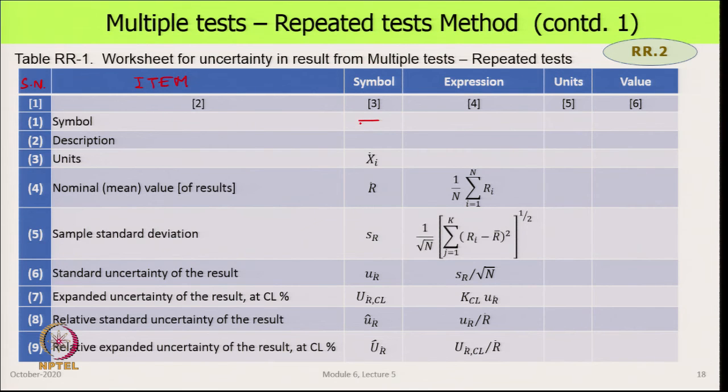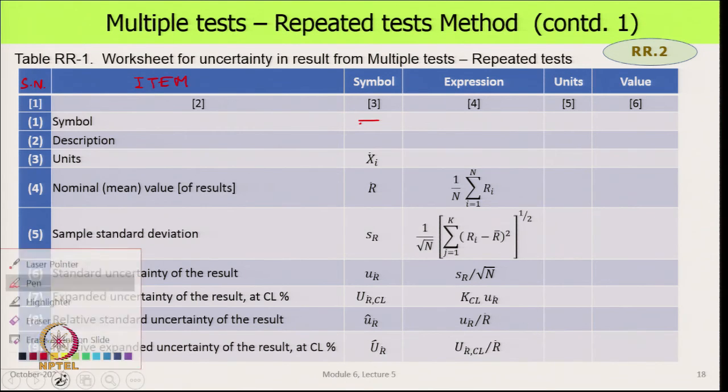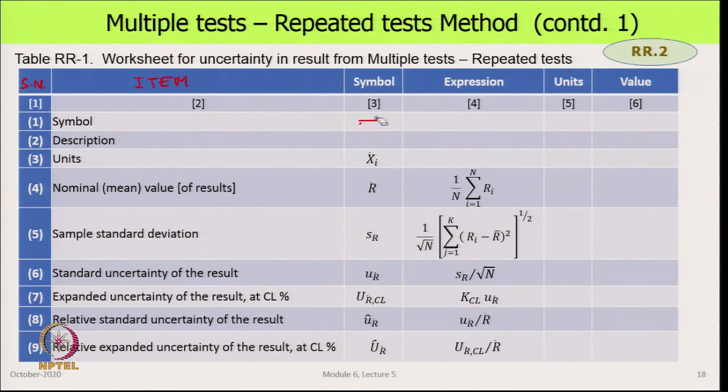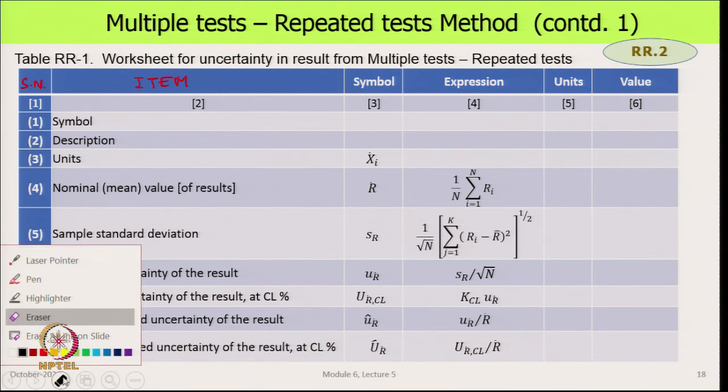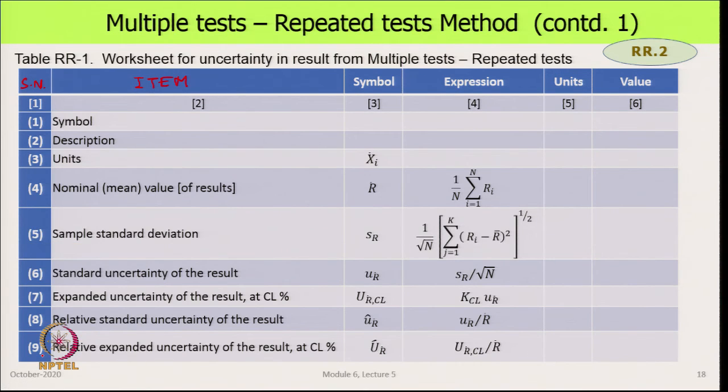Here we can write down what is the symbol for that parameter. Length would be L, diameter would be D, whatever it is. Then we write down if there is any expression for it, which there is none, must write the units and write down there is no question of a value at this point.